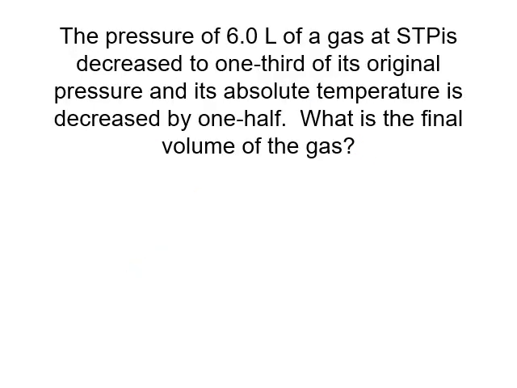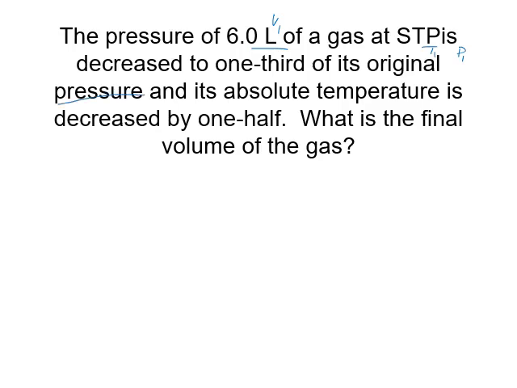The pressure of 6 liters of a gas at STP is decreased to 1/3 of its original pressure, and its absolute temperature is decreased by 1/2. What is the final volume of this gas? So I have a V1, and I have a T1 and a P1. My first temperature and first pressure are the standard pressure. Temperature would be 273 Kelvin, pressure would be 1 atmosphere, and it's decreased to 1/3 of its original pressure.